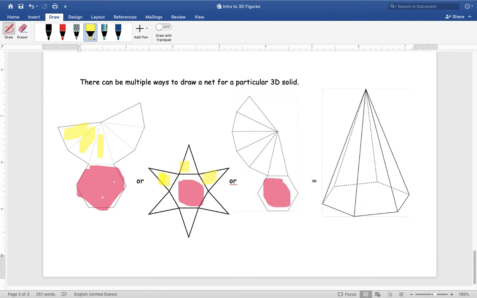And whether you split all of those triangles off of the same hexagon, whether you put that hexagon on one of the triangles and fan them out, whether you put it on one of the triangles on the left or right sides and fan them out this way, they'll all still fold together to form the same shape. A hexagon at the bottom, and every other face is a triangle.